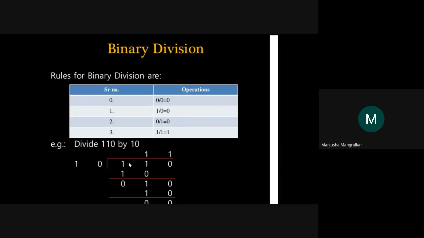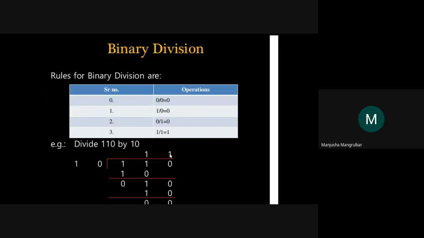First we see that 1 is less than 10, so now we take two bits. Now 10 is equal to 10, so we subtract. 1 minus 0 is 1, 1 minus 1 is 0, so what we get is 10.